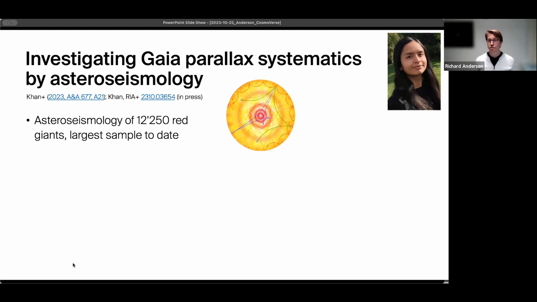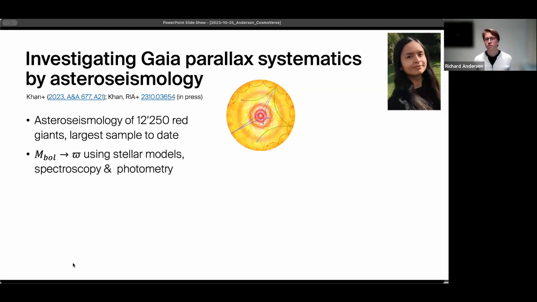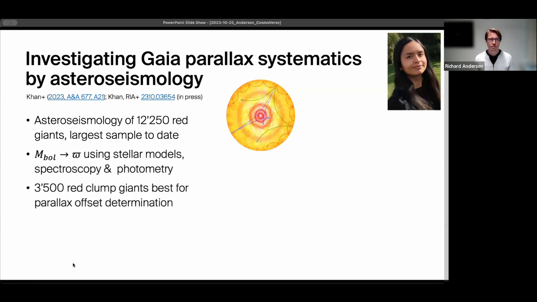This is the largest sample to date with measured asteroseismic distances. The way that this works is that you determine the bolometric absolute magnitude of these stars, which you then turn into a statement of parallax. And this uses stellar evolution models, spectroscopy, as well as photometry, and of course, the oscillation content of these stars.